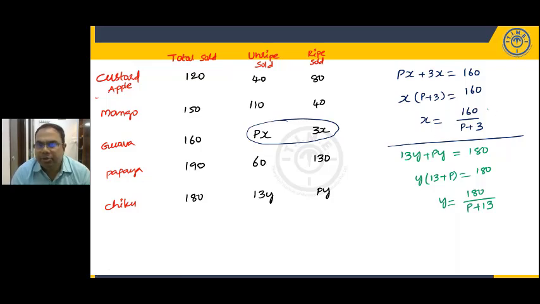Now substitute these values. You can substitute in the second equation or in the first equation, anywhere you want. How much is x? 160 by P plus 3. Let's say this is the first equation and this is the second.